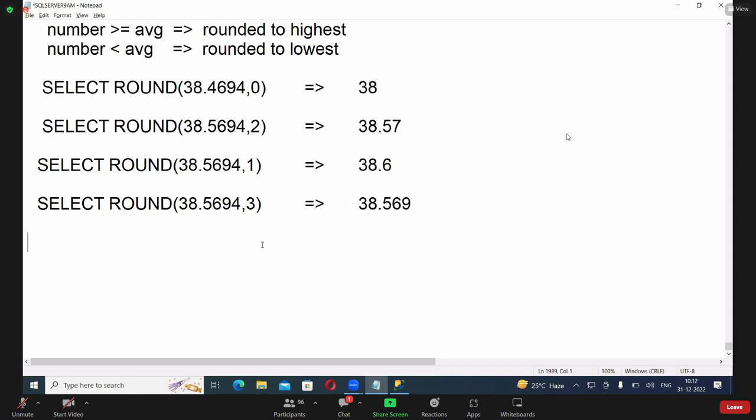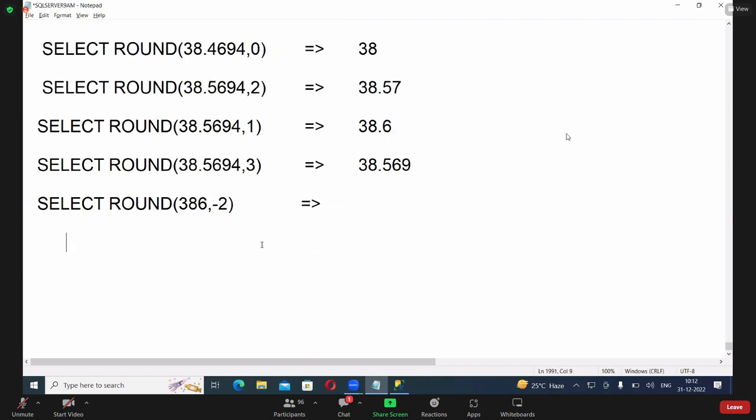But not only can we round this number to integers or decimals. Suppose I give it like this. One second, listen. Select round off, for example, 386, comma minus 2. If you say minus 2, it means rounded to hundreds.